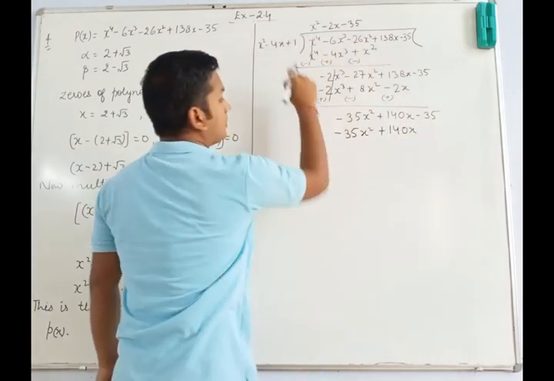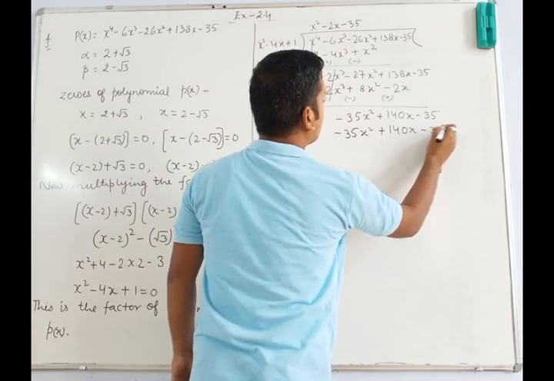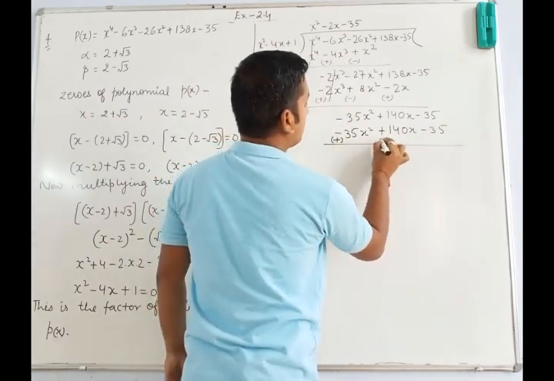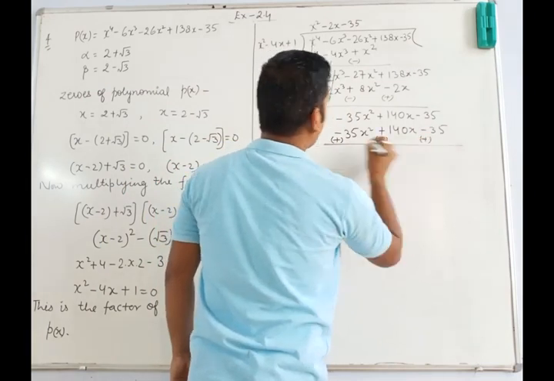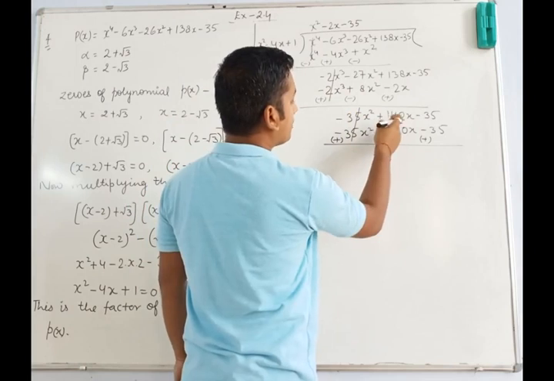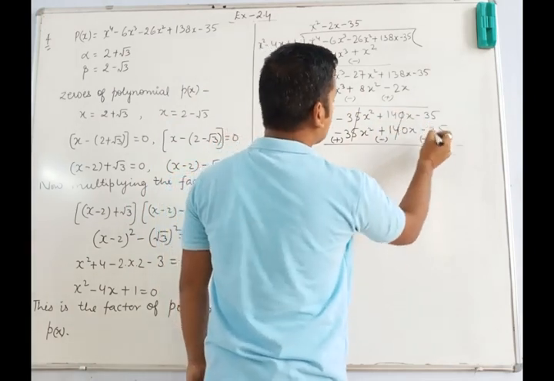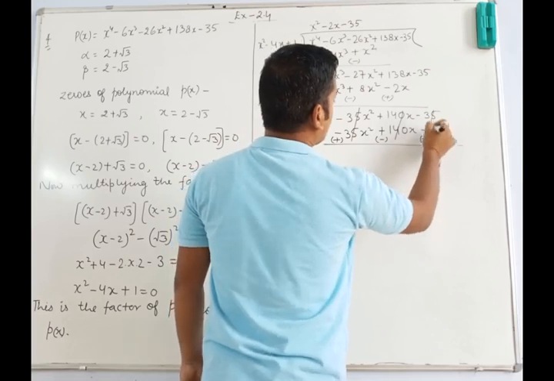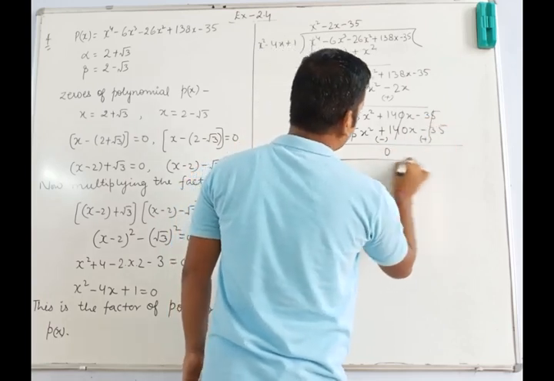And −35 times 1 will give you −35. Now this will become positive, this will become negative, and this will become positive. These two will get cancelled out, one is positive, one is negative. Here also the same thing. This is positive, this is negative, so it gets cancelled out. Remember this.